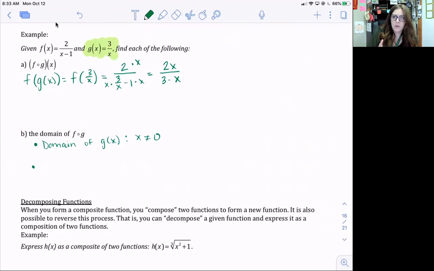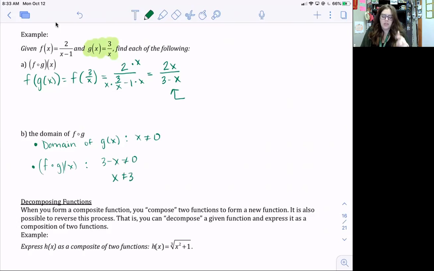But the easier way we can do this is just look at this composition, okay? So if 3 minus x, okay, we know 3 minus x cannot equal 0, which tells us x cannot equal 3, okay?